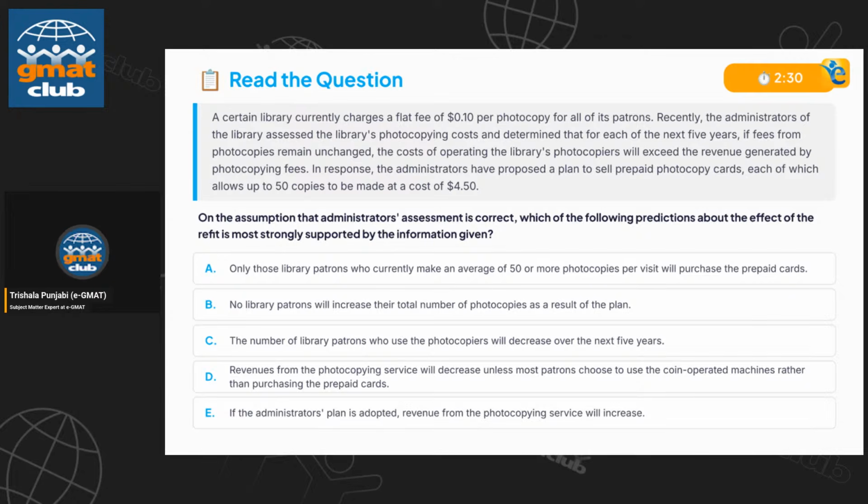I'm sorry, there's something wrong with this question. I don't know if it's the incorrect question. I'll get the right question up on the stage.